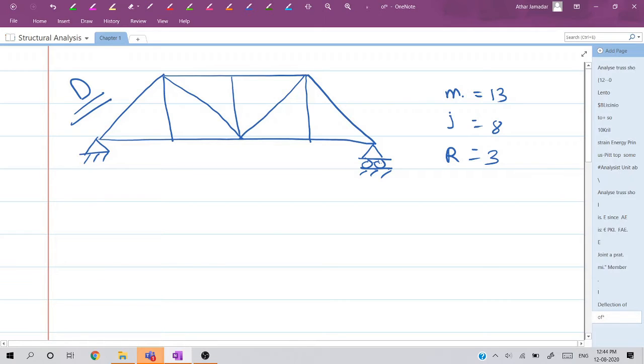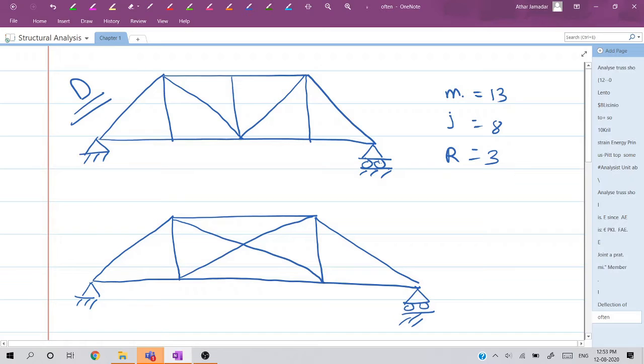Now let us take another example. Find out whether this truss is determinate or indeterminate. Again the same: M is equal to, J is equal to, and R is equal to. And remember, this crossing will not be treated as a joint. This cross will not be treated as a joint.